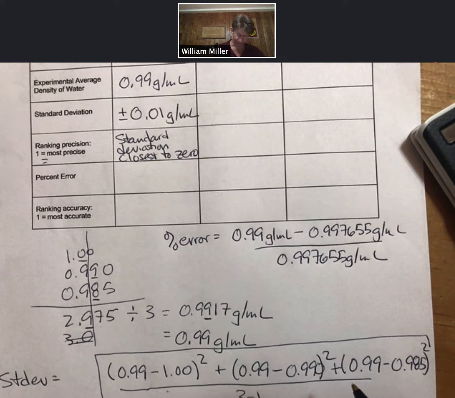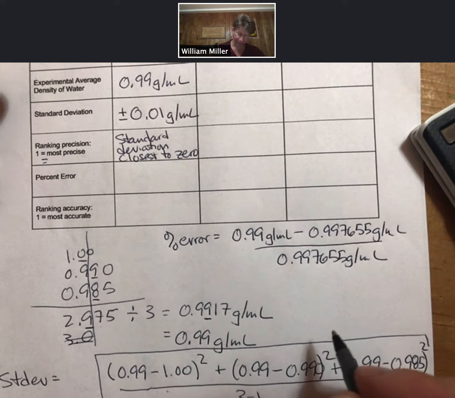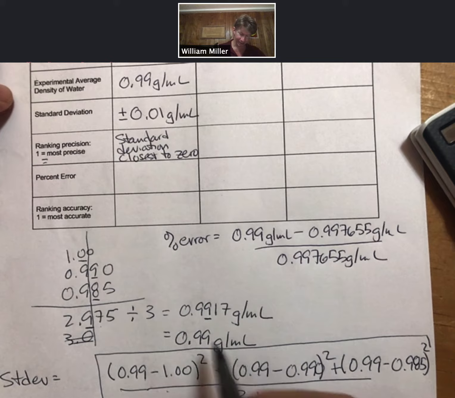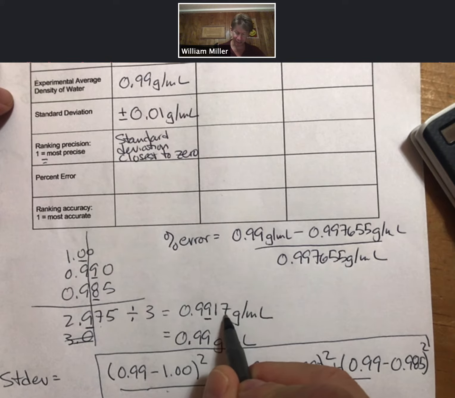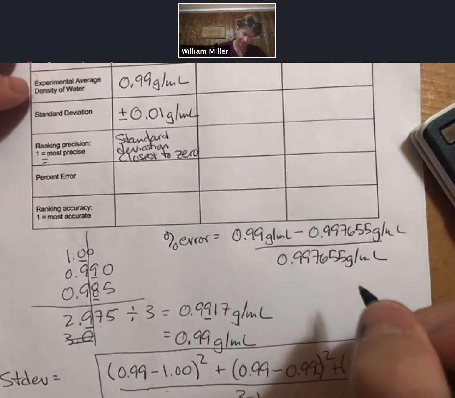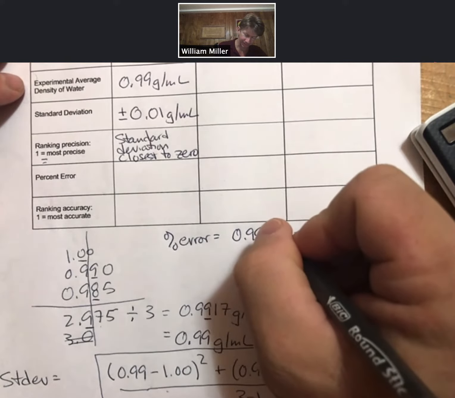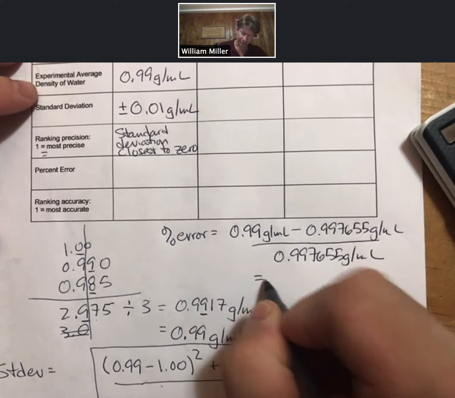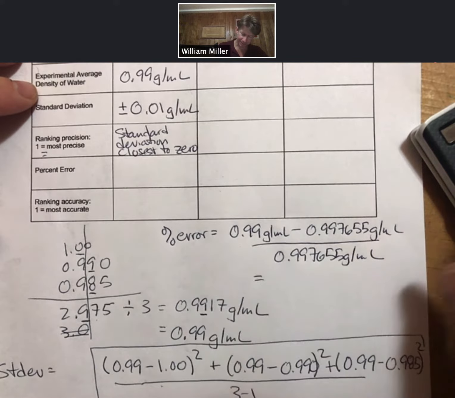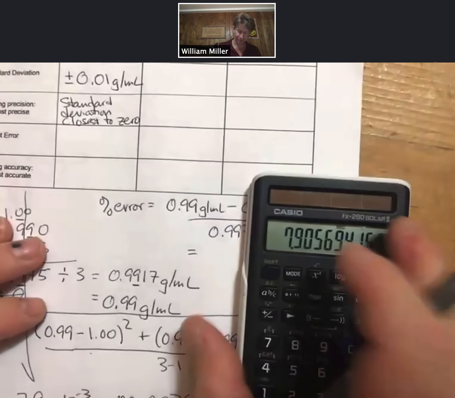For this one, I am going to go back and use my 0.9917. Actually, I don't think it matters. No, it won't. All right, and so when I do this, I will get the following values.